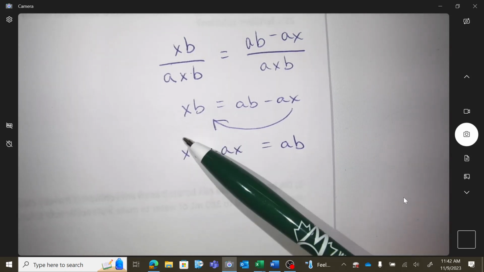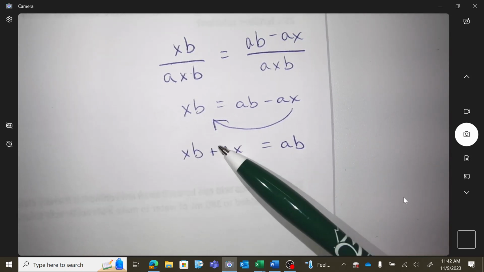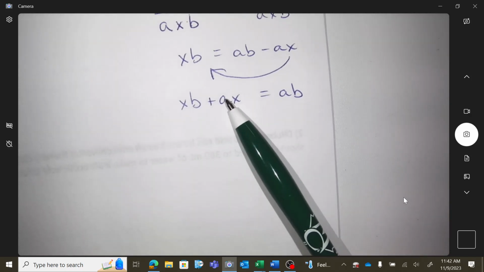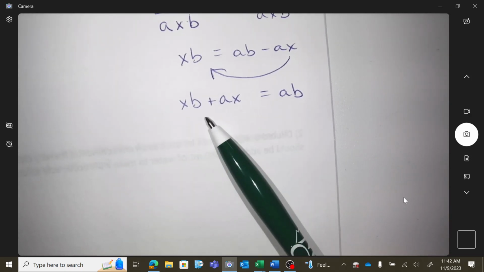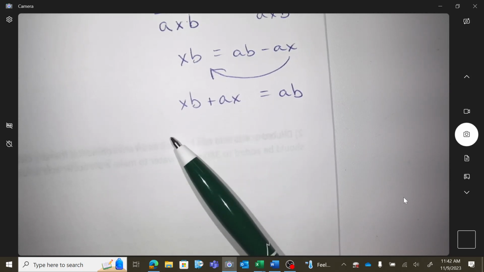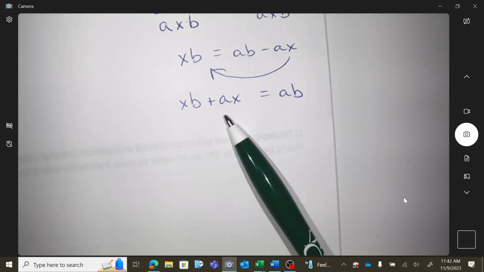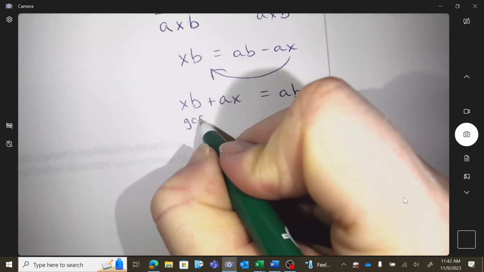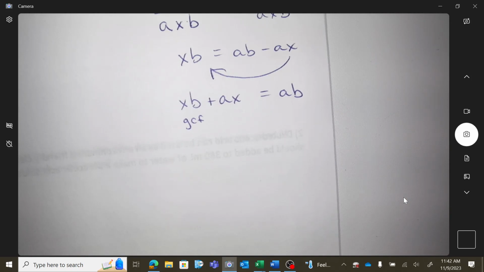What's your math strategy you know how to do to this side? You know how to do something to this that we've learned. GCF. GCF, you can GCF an x out, right? X bracket.